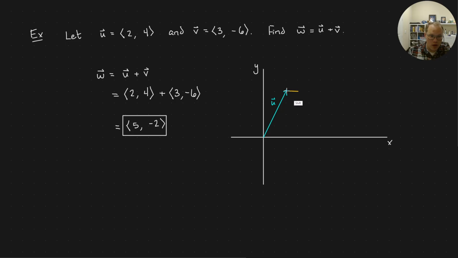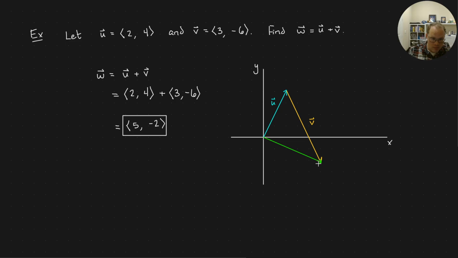So I'm going to go 1, 2, 3 over, 1, 2, 3, 4, 5, 6 down. Okay, and now finally let's draw vector w, 5, -2. I'm going to again draw it in standard position. So 1, 2, 3, 4, 5 over, and then -2, so 1, 2 down.